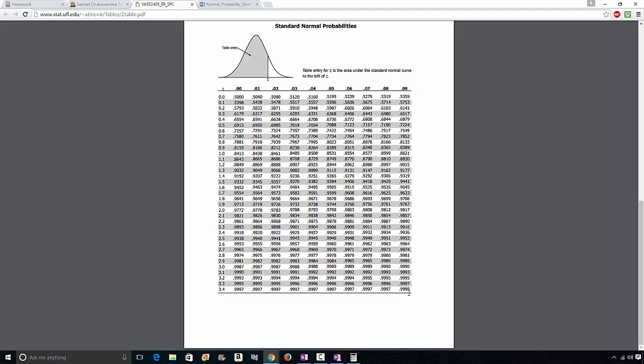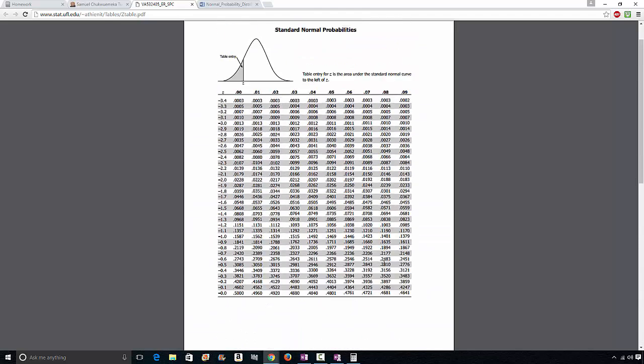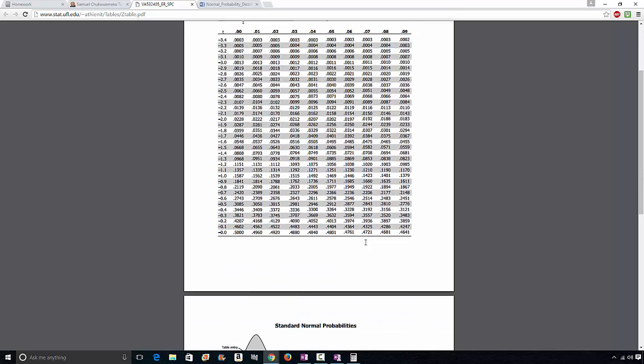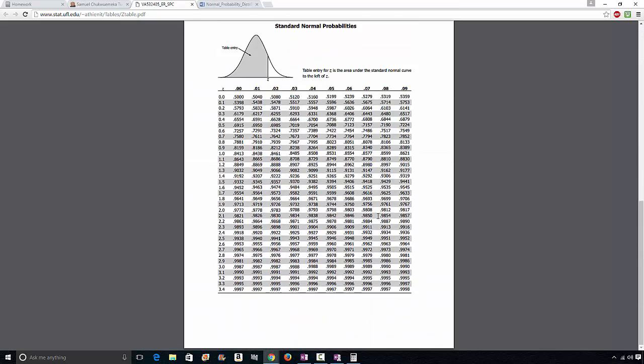See that? Some tables used in universities and colleges will make a note that if it is greater than this z-score, then take it as 1.